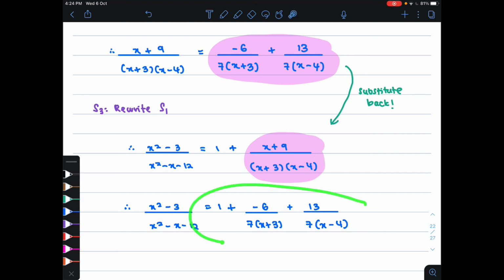But don't forget to simplify. Since you have plus and minus 6, this is just minus 6. And hence, this is the final answer for part B.